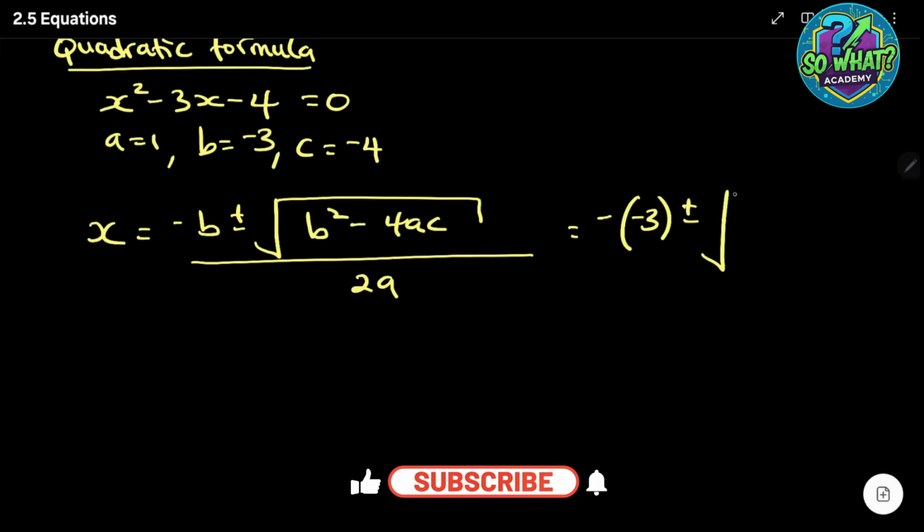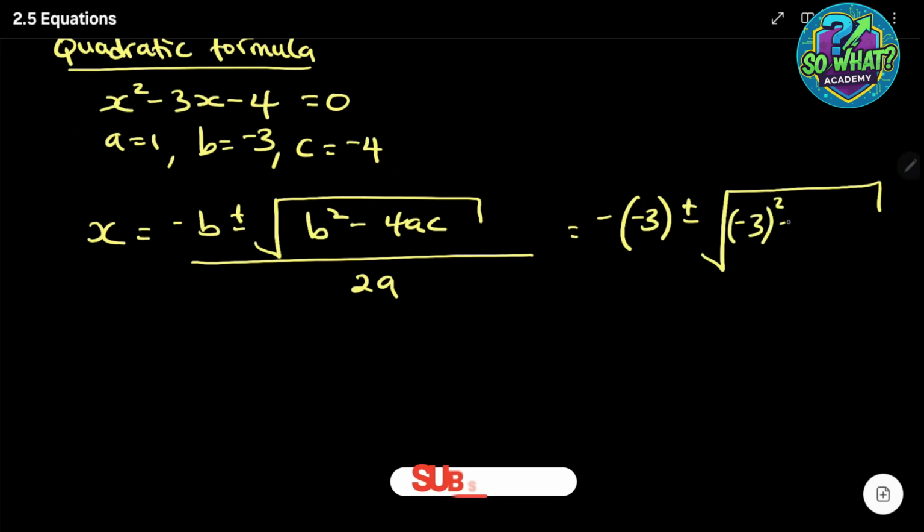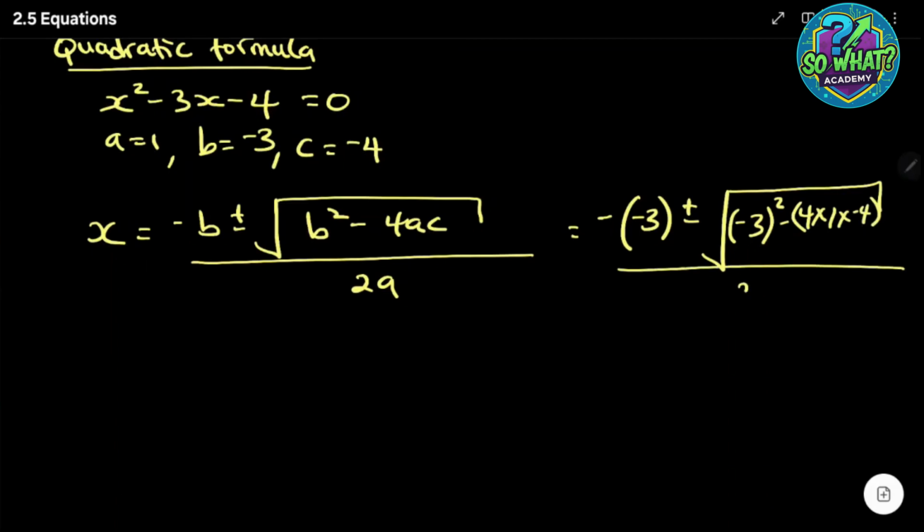So plus or minus the root of b squared, meaning negative 3 squared, minus 4 times a is 1 times c is negative 4. Let me put a bracket here, it will help us, over 2 times 1. Therefore x will be negative times negative 3, that is a 3, plus or minus root of negative 3 squared is 9 plus 16.